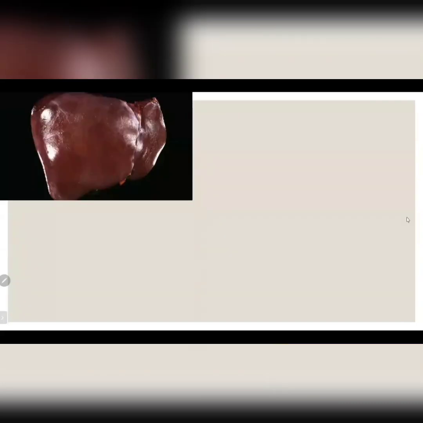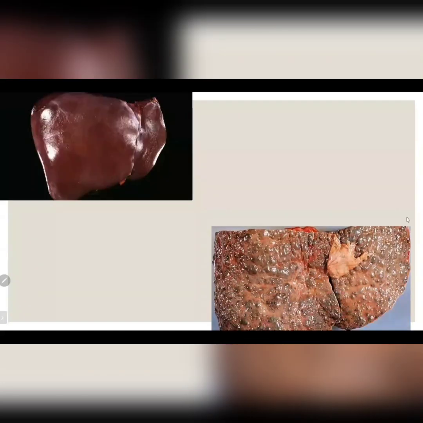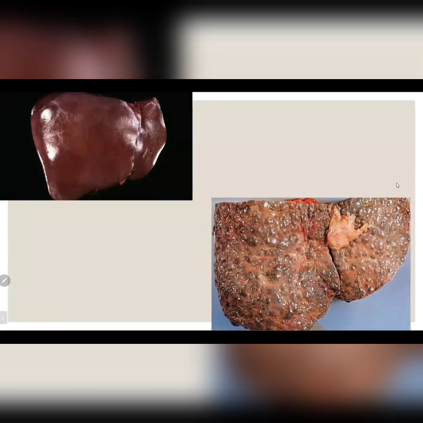This is the healthy liver, and this is a diseased liver. This is the liver which has the disease called cirrhosis. Can you tell me the most common cause of cirrhosis in Kerala? Alcohol. Yes, alcoholic liver disease.